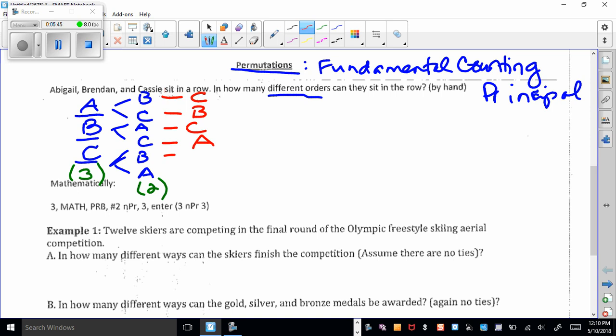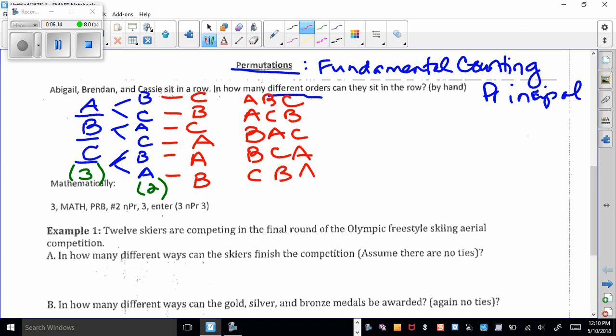All right, and so this is called a tree diagram, and in statistics, we use it to count the possible outcomes. You can see here, you have 1, 2, 3, 4, 5, 6 possible outcomes, because I could have A, B, C, A, C, B, B, A, C, B, C, A, C, B, A, or C, A, B. So we have 6 possible, and those are called outcomes.